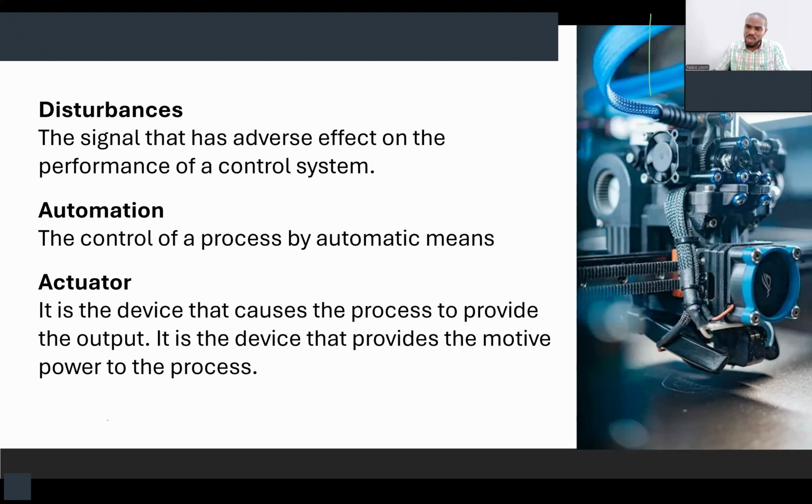Then your actuator will cause something to change in your plant, a parameter, a value, a physical quantity, as the case may be. So that's what an actuator is. It is a device that provides motive power to the process. Great.